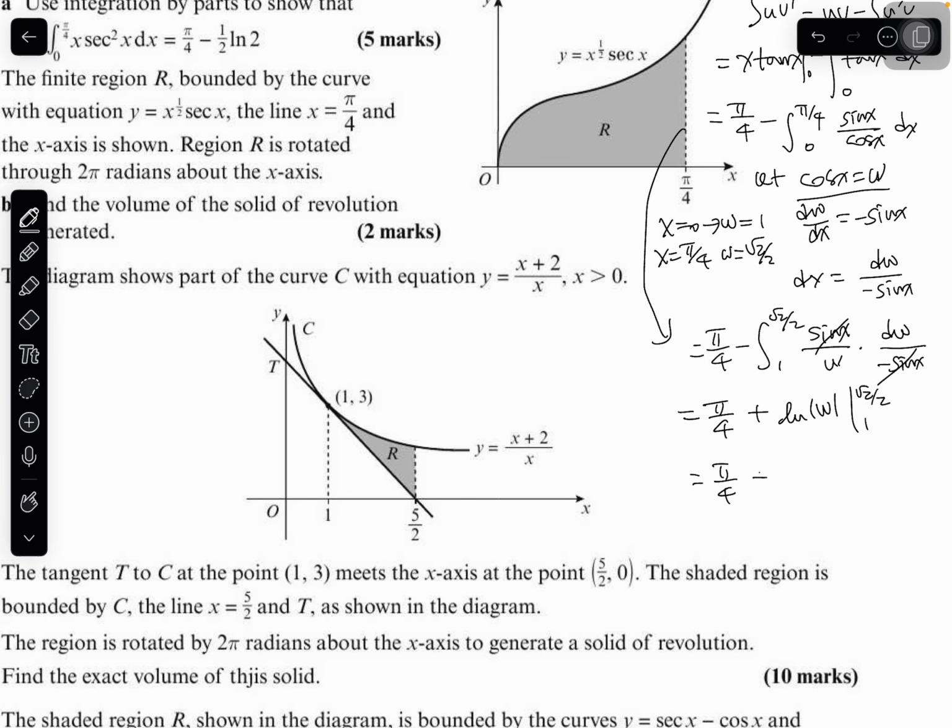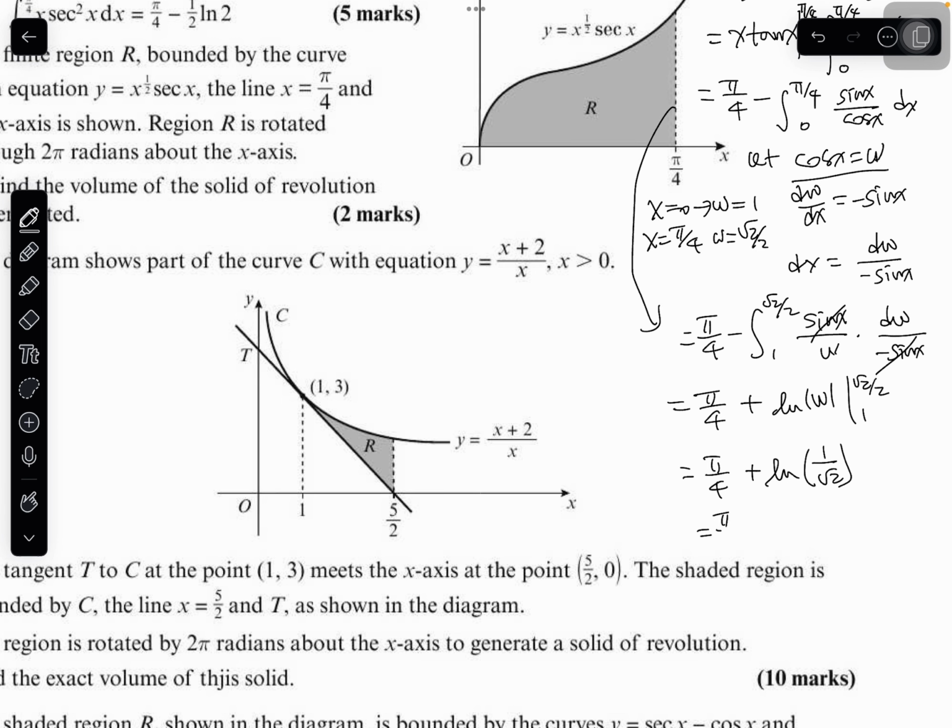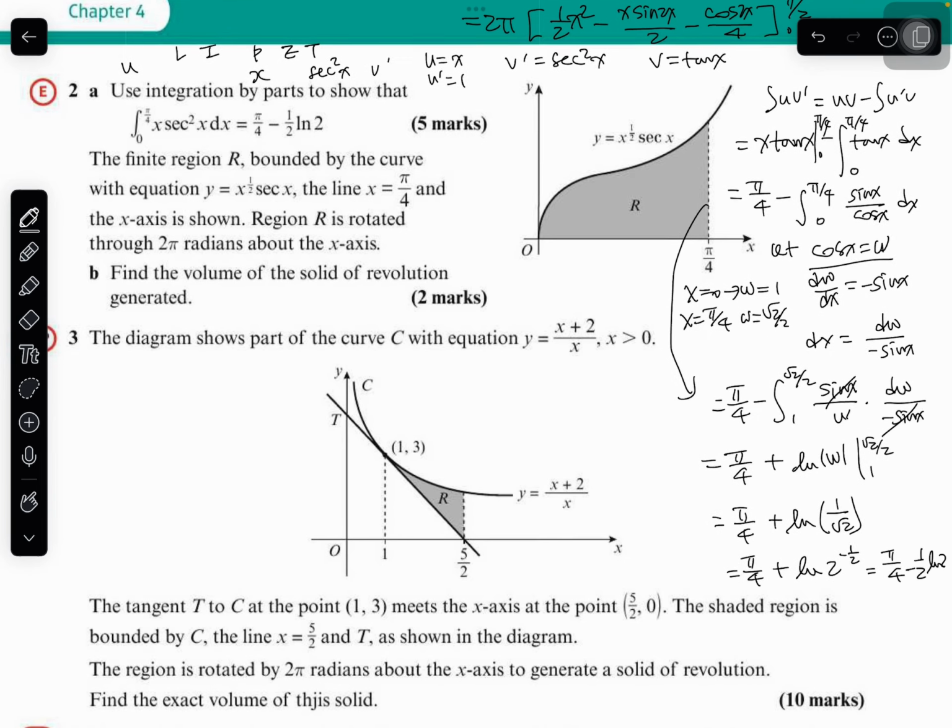Pi over 4 plus ln 1 over square root 2 minus 0. So pi over 4 plus ln 2 to the negative 1 over 2. So pi over 4 minus 1 over 2 ln 2. And this is what we show here. So yeah, you will figure it out.